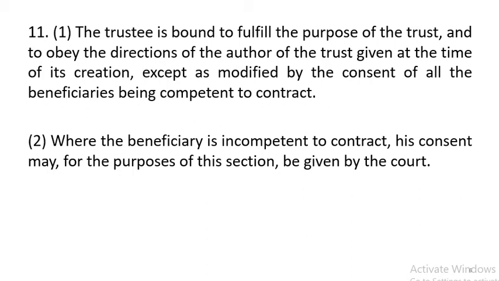The directions in the sense that the author of the trust, at the time of execution of the deed, can give something in writing, or he can speak some words, even that may be a direction, what you should do, what you can do. Sometimes it may be in relation to the performance of duties, sometimes the performance of the powers, whatever it is.